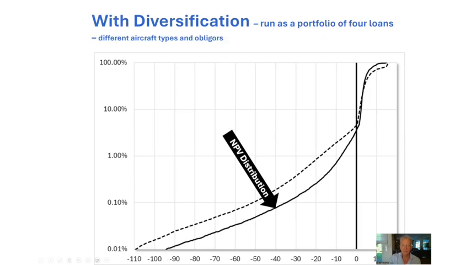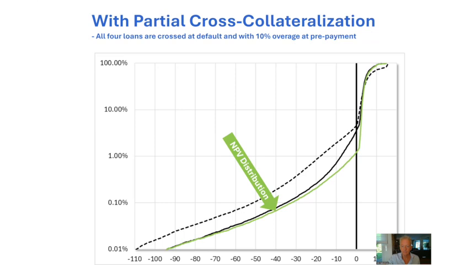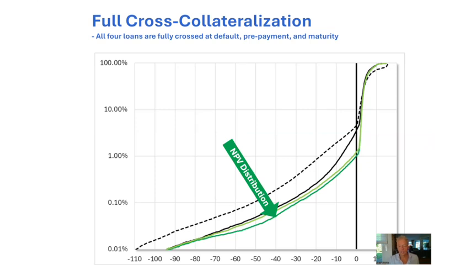And if we now run the 4 loans as a portfolio with the base case, so accounting for diversification but no cross-collateralization, we get this black line. And if we have the partial cross-collateralization, we get the green line. So you can see there's a further shift to the right, over and beyond the effect of diversification. And if we have full cross-collateralization, that shift is even more pronounced. That's the dark green line.